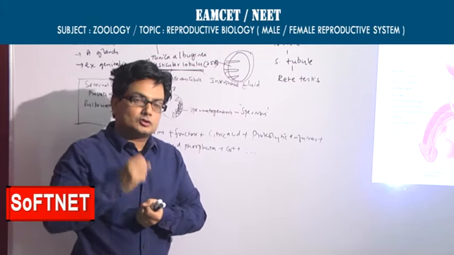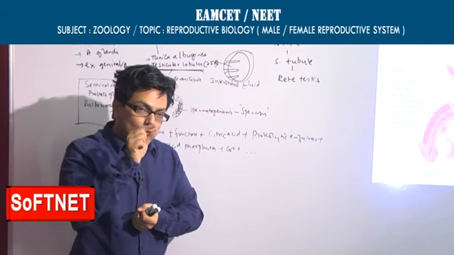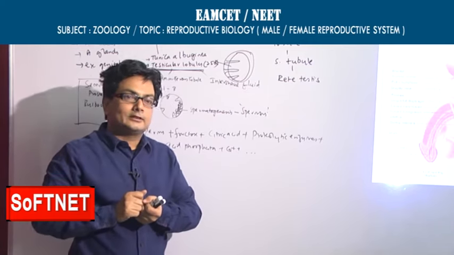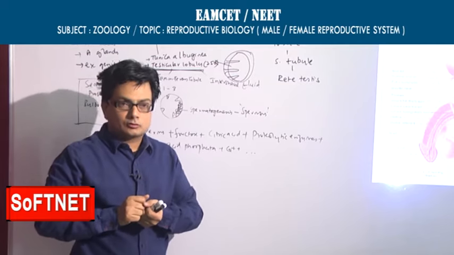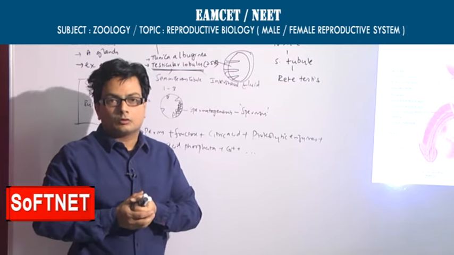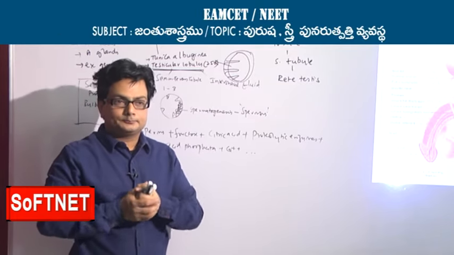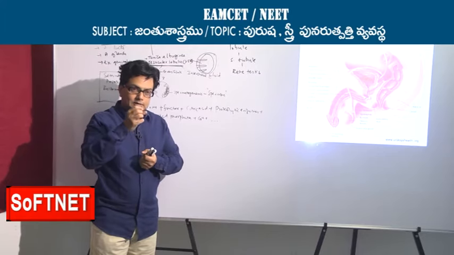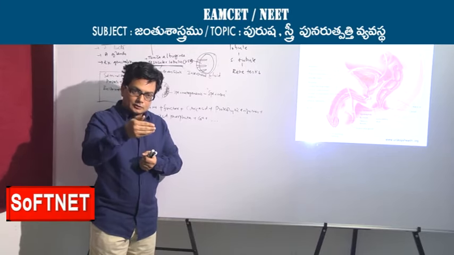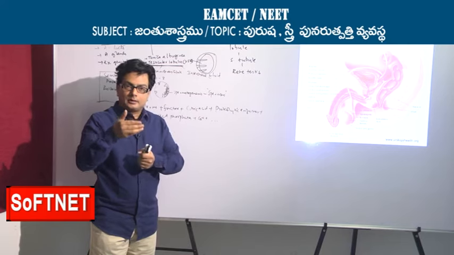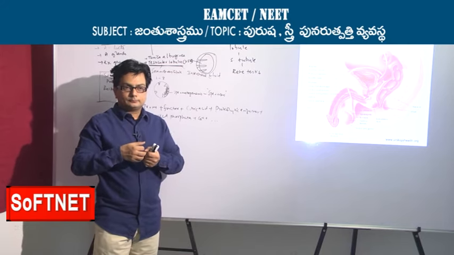In between the seminiferous tubules, you will find the endocrine interstitial cells, which produce the male sex hormone called androgen.